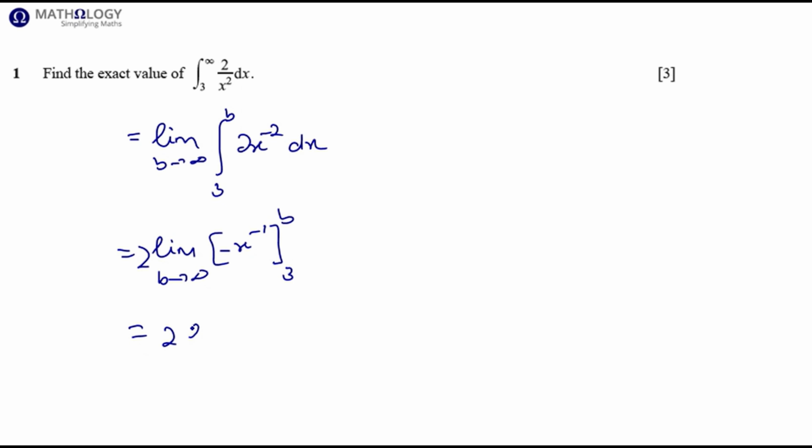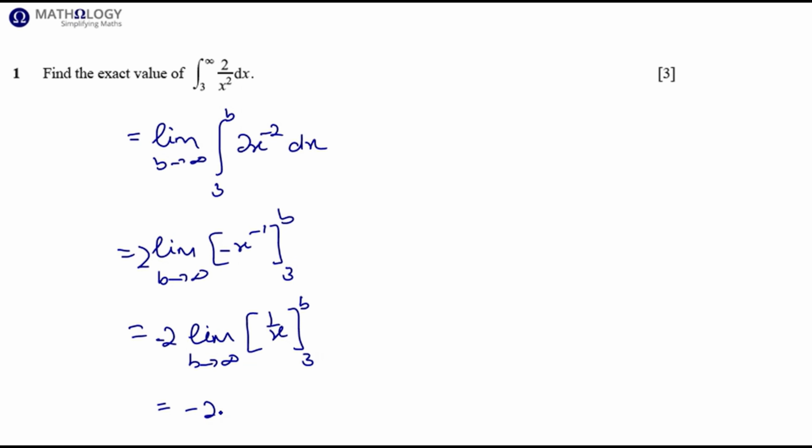So that equals twice the limit as b approaches infinity. We can take this minus out as well, put that in front of the 2, and then we'll have 1 over x between x equals 3 and x equals b.